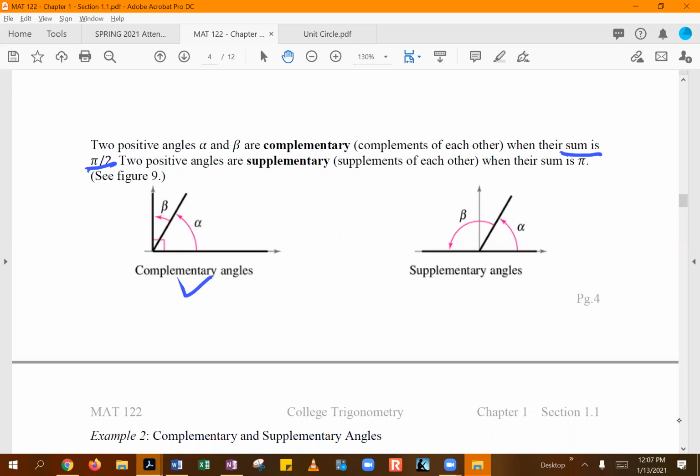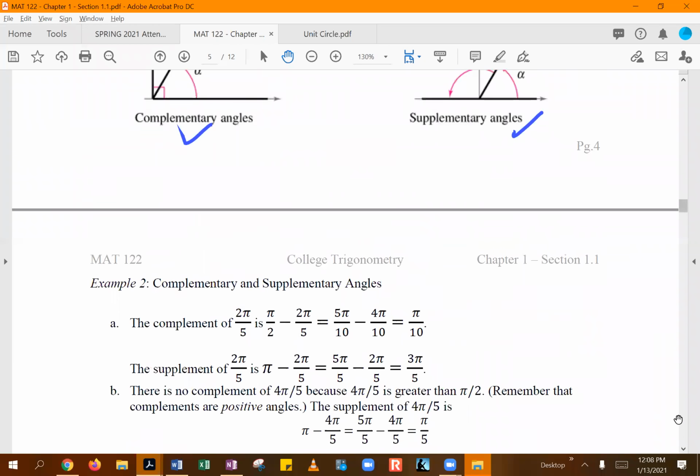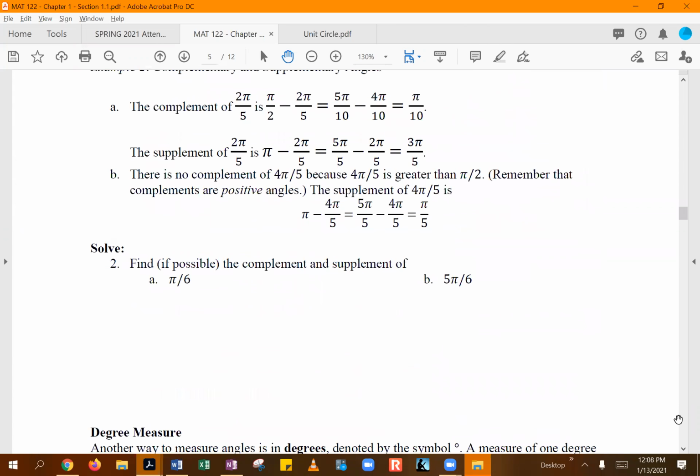So those would be your complementary angles. And supplementary would be that their sum has to be pi, and pi of course stands for 180 degrees. So in those terms, complementary is 90 degrees as a sum, supplementary is 180 degrees, or basically pi in terms of radians.